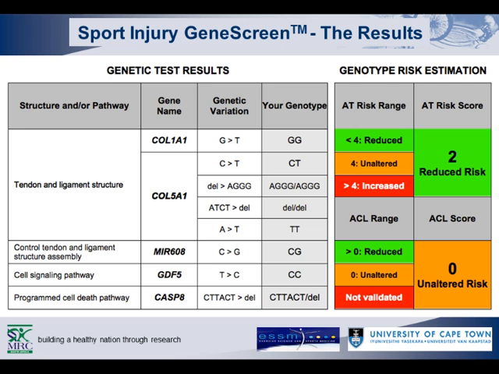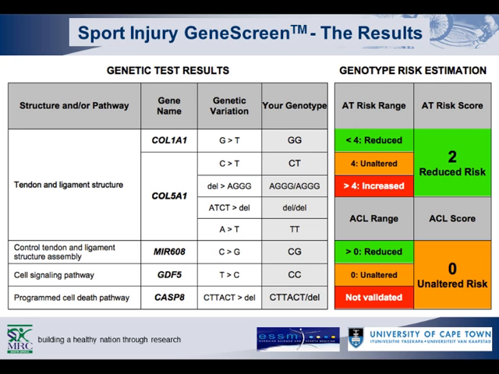So when risk scores come back, as an example, for Achilles tendinopathy, your risk score can go from 0 to 8, and for anterior cruciate ligament ruptures, your risk score can go from 0 to 2.